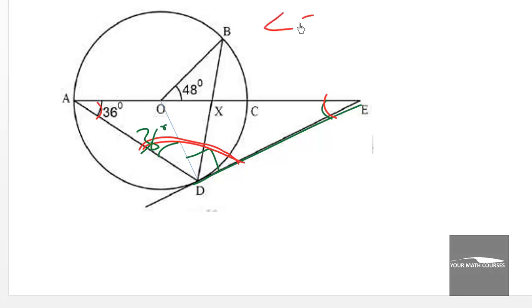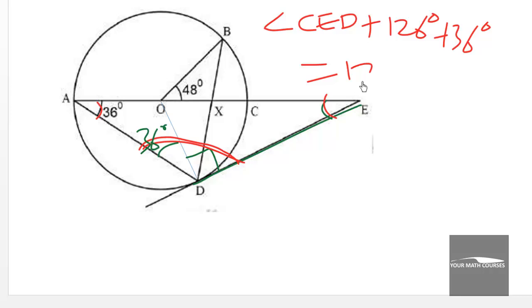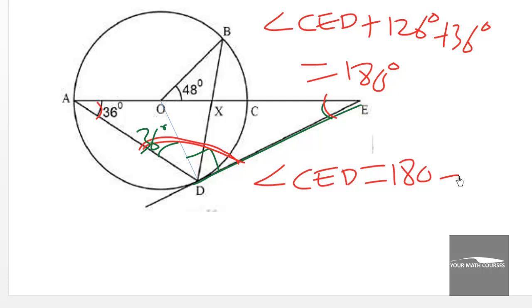So angle CED plus 90 plus 36 is 126 degrees, plus 36 degrees, is equal to 180 degrees. So angle CED will be equal to 180 minus 162, and that will give us 18 degrees.